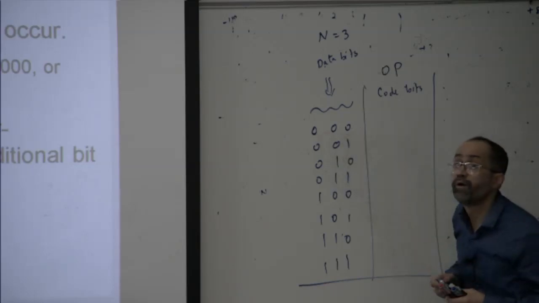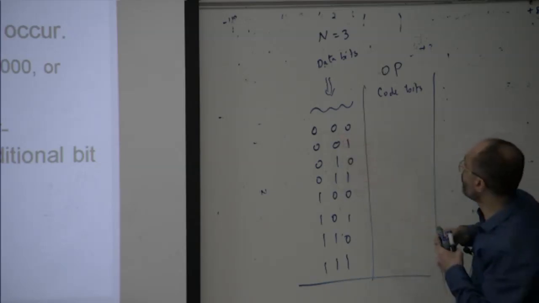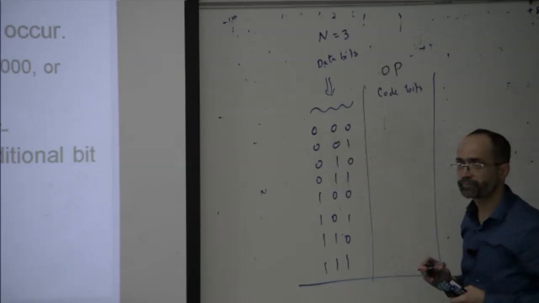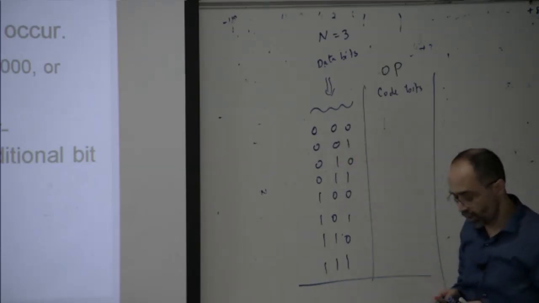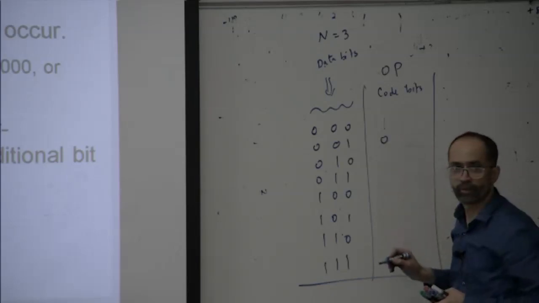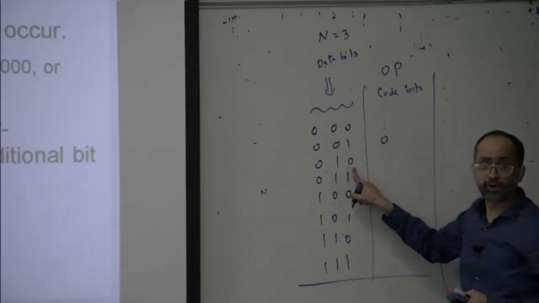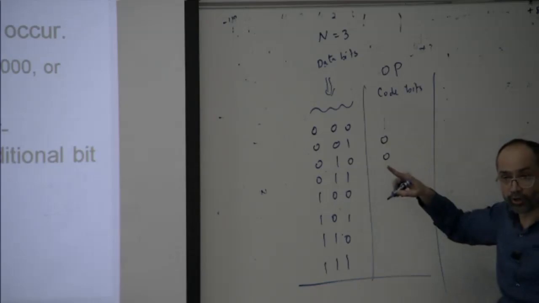Odd or even? Even. To make it odd, we put what? 1. 0 0 1, how many ones? Is it odd or even? Odd. What should be the code bit? 0. Okay. 0 1 0, what should be the code bit now? 0, because we want to make it odd.